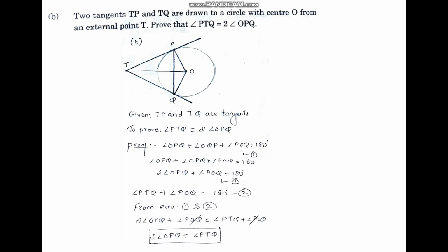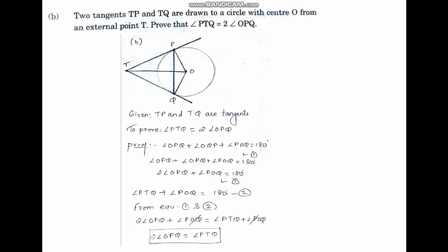Next, two tangents TP and TQ are drawn to a circle with center O from an external point T. Here you can see that we have drawn TP and TQ as tangents from the external point T, and we have joined PQ and OT. Now in triangle POQ, angle OPQ plus angle OQP plus angle POQ is 180 degrees by the angle sum property of a triangle. It is an isosceles triangle in which two sides are equal, OP equals OQ because they are radii of the same circle.